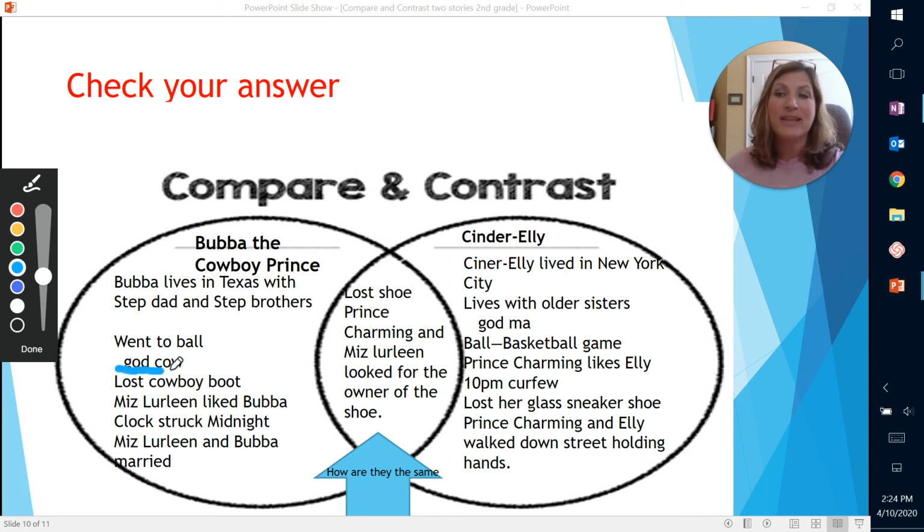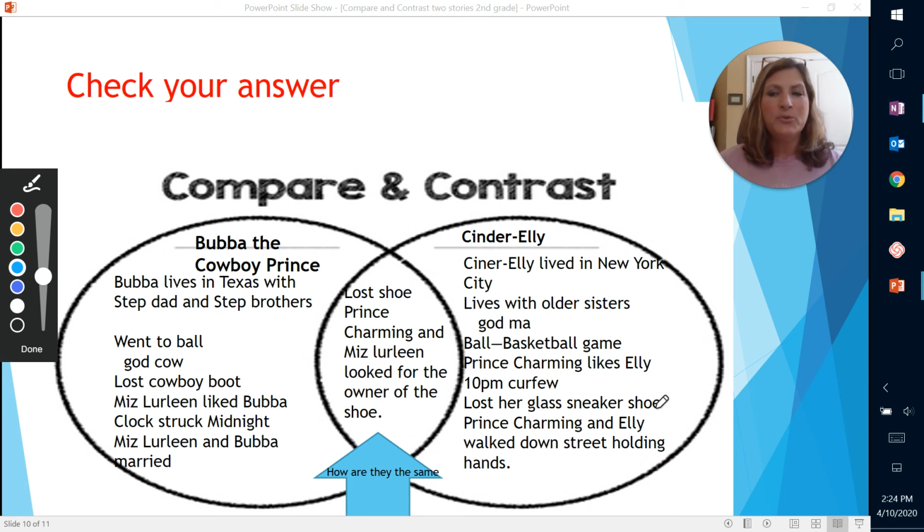He had a god cow, whereas Cinderella had a god ma. That's what she kept calling her, was god ma. And Bubba the cowboy, he lost his cowboy boot, whereas Elly, she lost her glass sneaker. Her glass sneaker. She didn't have a glass slipper. She had a glass sneaker.